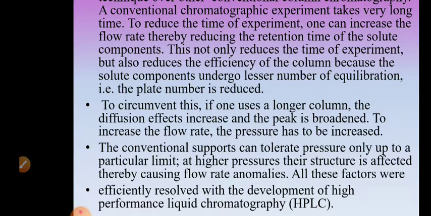All these factors reduce the efficiency of the conventional techniques. If you increase the flow rate, we do not get good resolution or separation. If you increase the length of the column, diffusion occurs and peak broadening occurs. If you increase the pressure, the column packing cannot withstand high pressure.